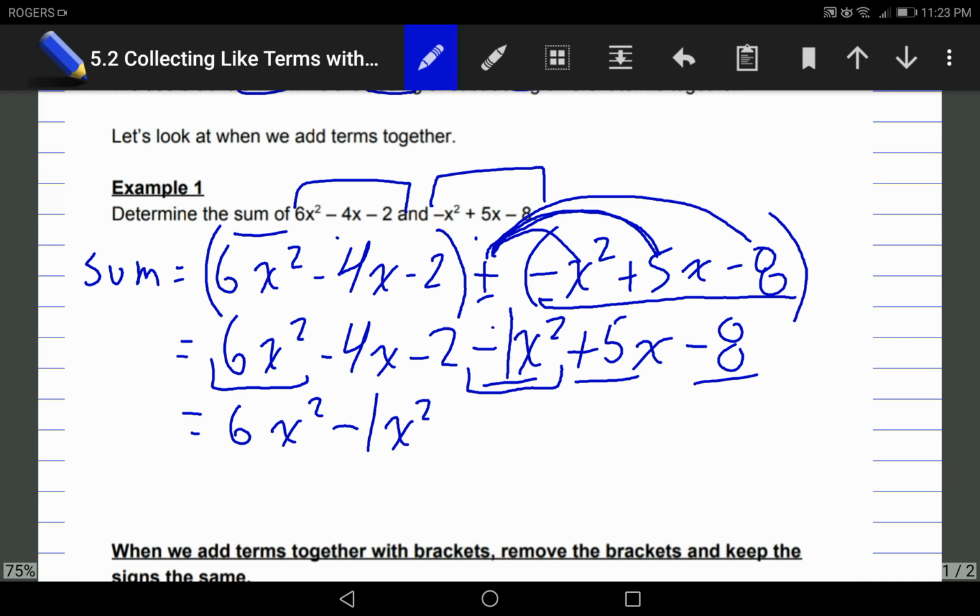Remember to bring the sign that's in front, right? That sign goes right there. Now let's do the x's. I have minus 4x and I have plus 5x. Remember, use the sign in front of the coefficient. And then I've got a minus 2 and a minus 8.